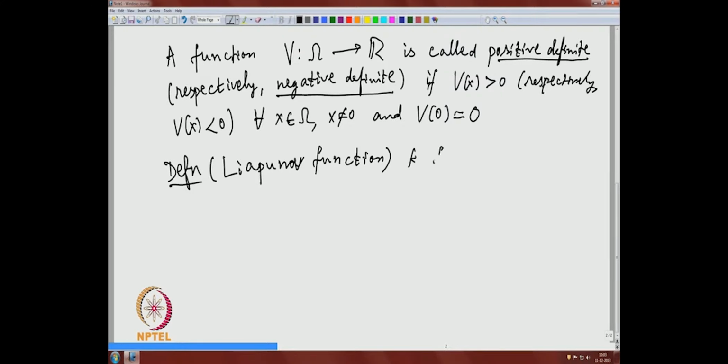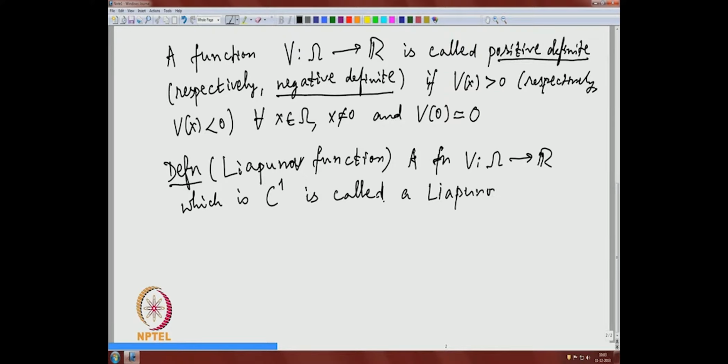A function V from omega to R which is C1, so it is continuous, differentiable and the derivative is also continuous, all partial derivatives, is called a Lyapunov function for the system 1. Okay.